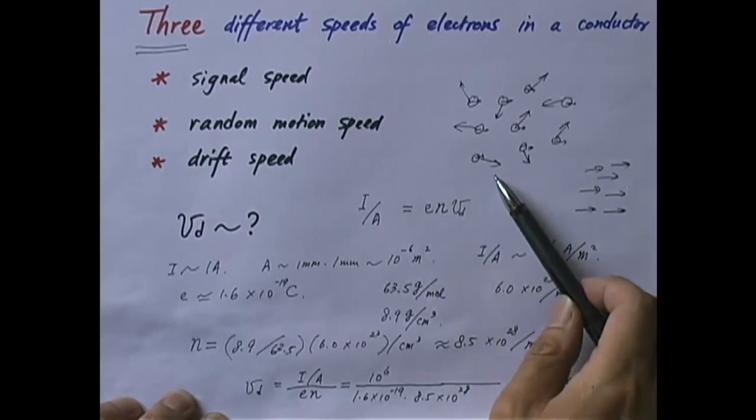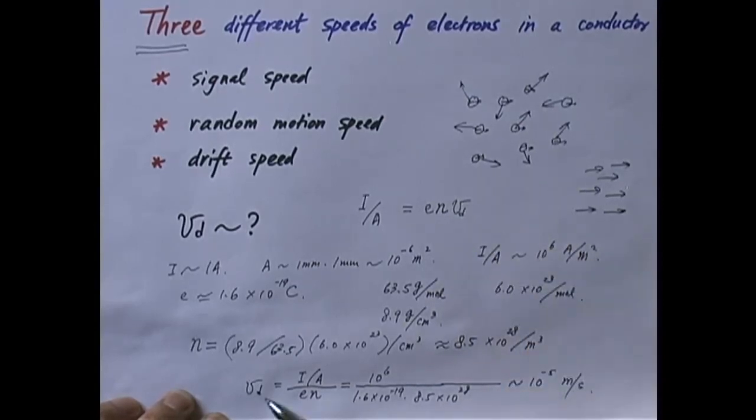Their very fast speed is only the random motion speed. The organized speed responsible for the current is actually very small, but it can still add up to a significant current because there are so many of these electrons, and they move in the same direction, and that's what's responsible for the current.